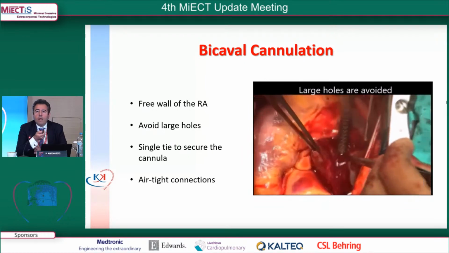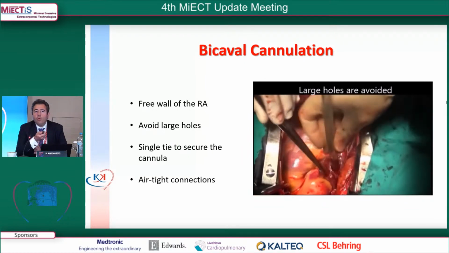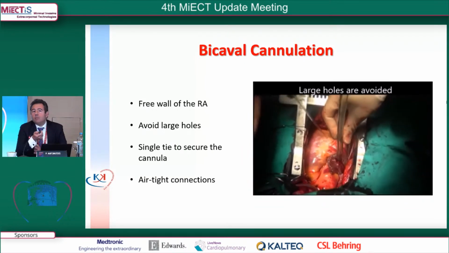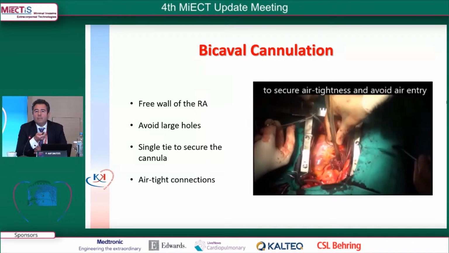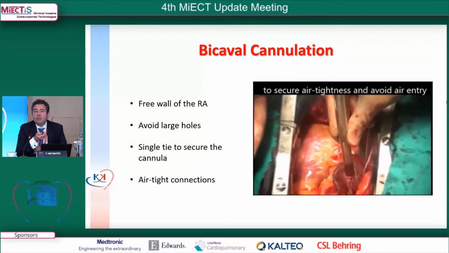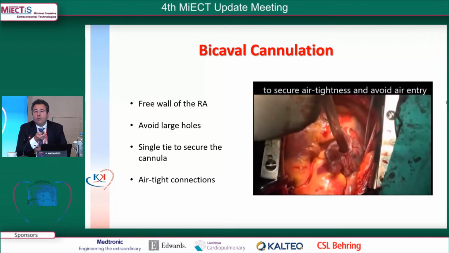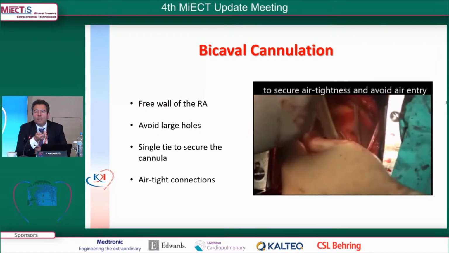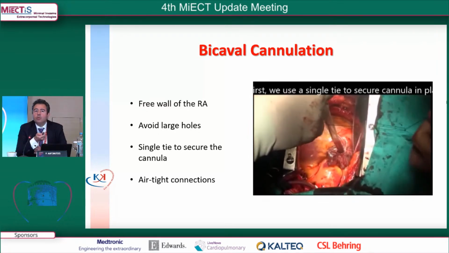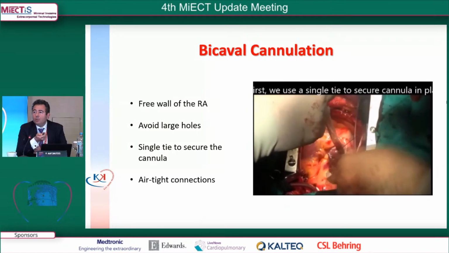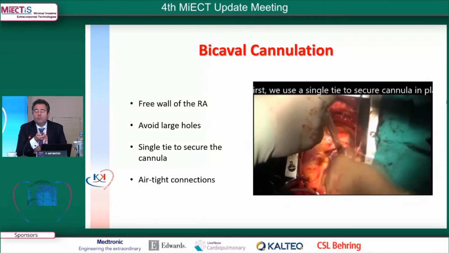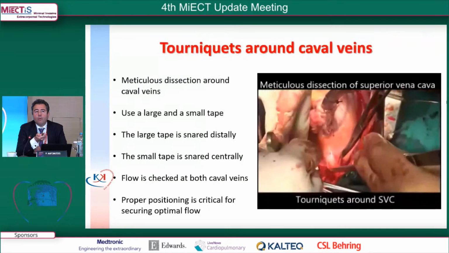Just while looking at a short video, choose the free wall of the right atrium, avoid large holes in any case to avoid air entrainment to the circuit, use a single tie to secure the cannula, and of course, always establish airtight connections. A single tie to secure the cannula is because you may need to remove the cannula in order to establish optimal flow.